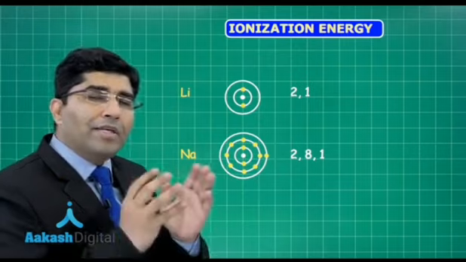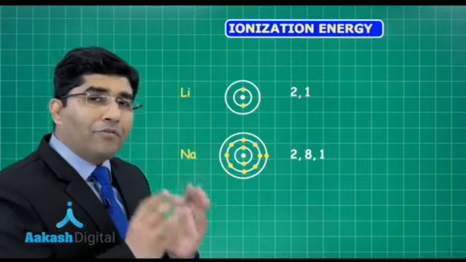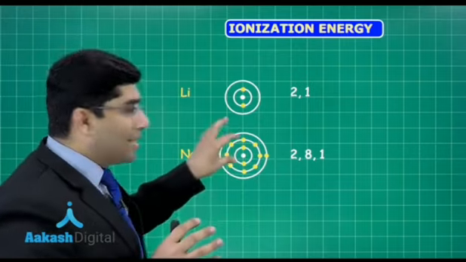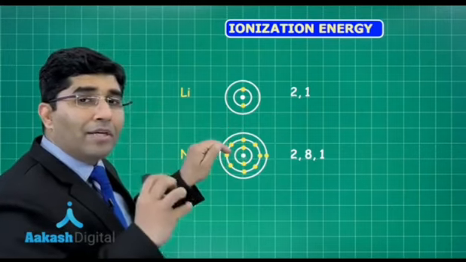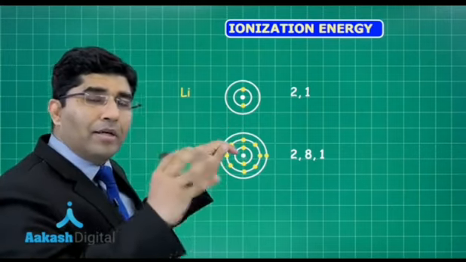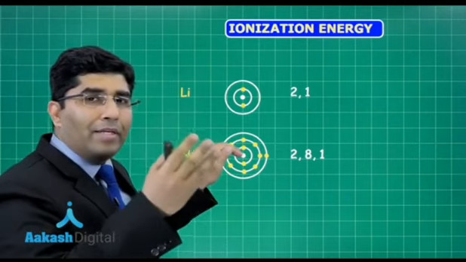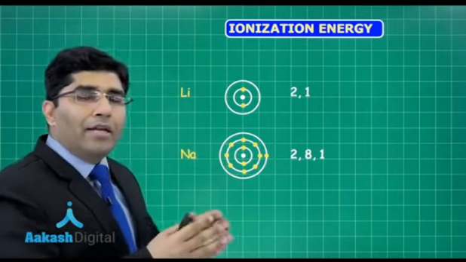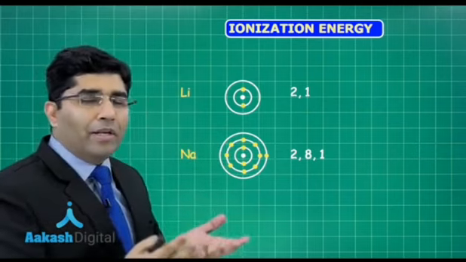This is called the shielding effect. And if this shielding effect increases, then the effectiveness of the attraction of the nucleus decreases. And if it is decreasing, then ionization energy will definitely be very low, right?